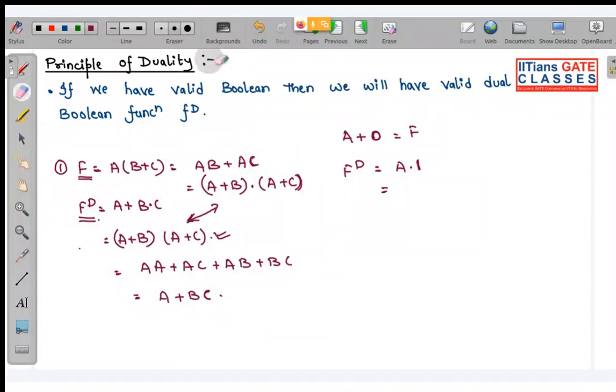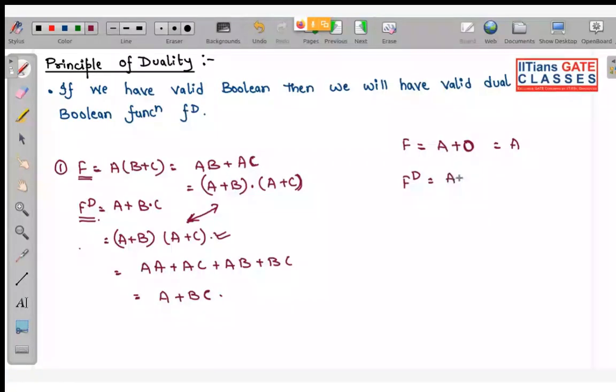One more example, let me show you. You might have got confused in the previous example. So look, A plus 0. This is A. Now if you solve for the dual, F dual is what? Simply you replace plus with dot and 0 with 1.